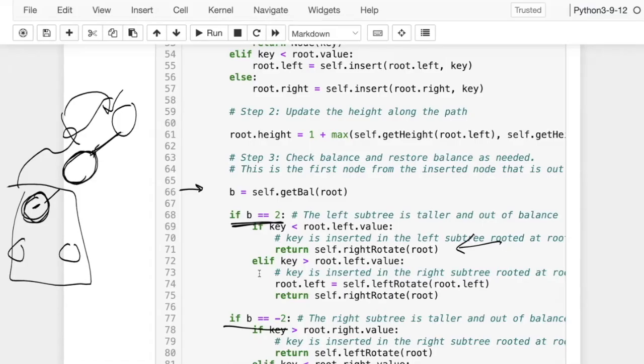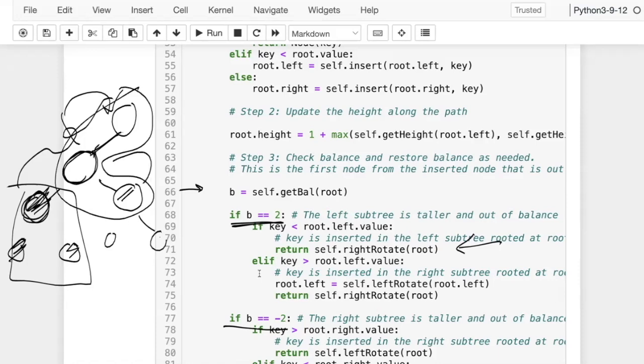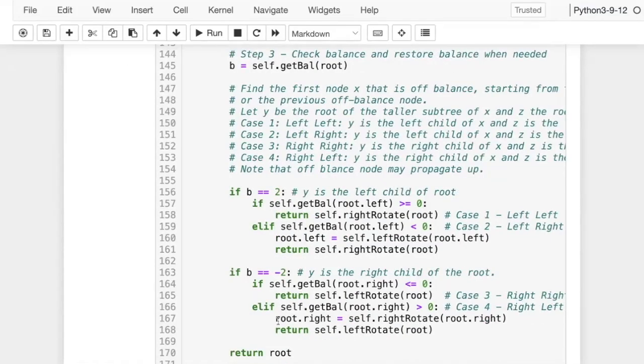But if the key is greater than the root value, that means the key will be here somewhere, right? In that case, these three are not in the same direction. Then you will need to do a left rotation first, and then a right rotation. That's the end of this video. Thank you for watching.